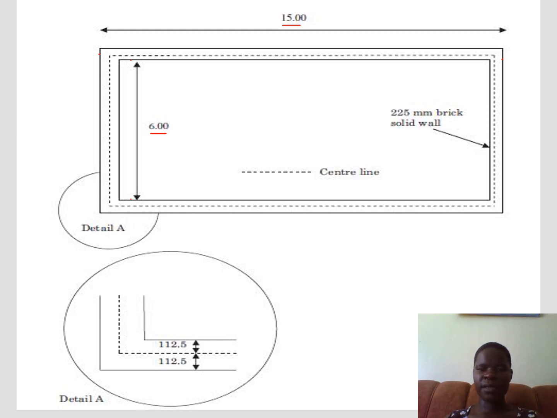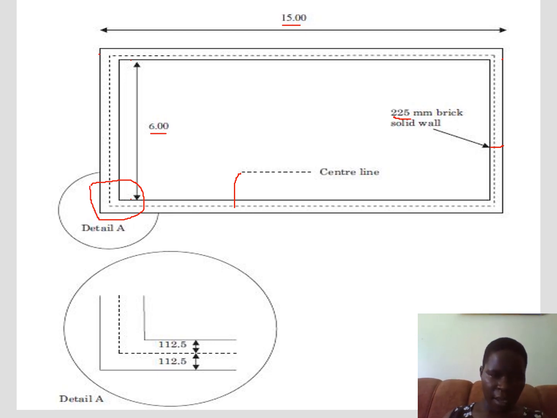The midline is our center line. We have the thickness of the wall here as 225 millimeters or 0.225 meters.